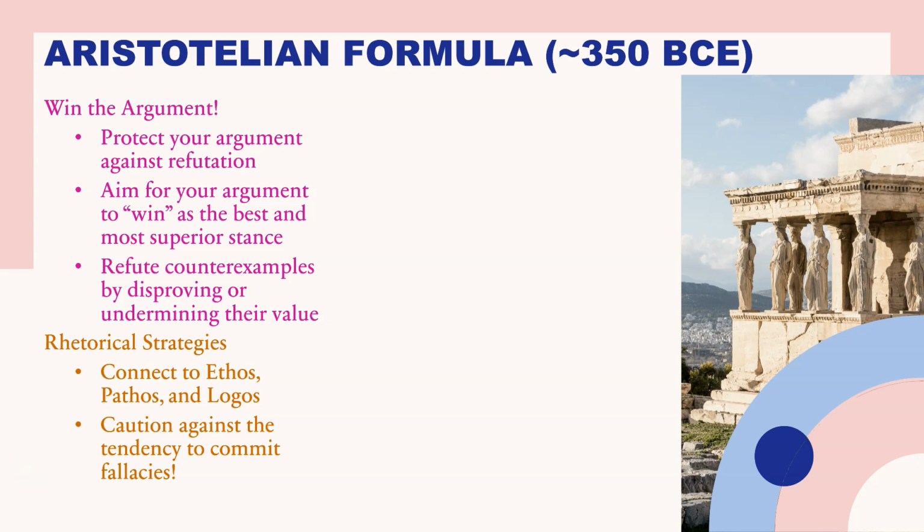Rhetorical strategies, as we've spoken about before, really emphasizing that connection to ethos, pathos, and logos. And a word of caution, because we can get excited and be overpowering with our argument, and it could lead us toward unethical fallacies. Sometimes ethical fallacies, sometimes pathetic fallacies, logical fallacies. So just make sure that you're not going overboard into the realm of fallacies.